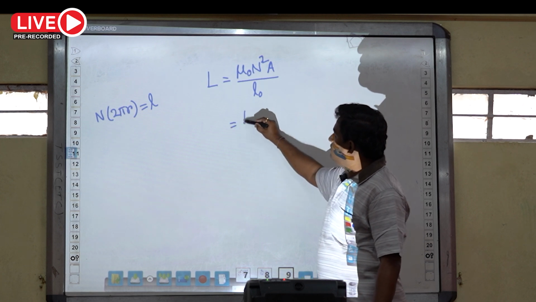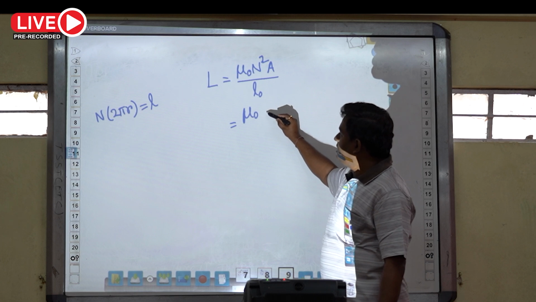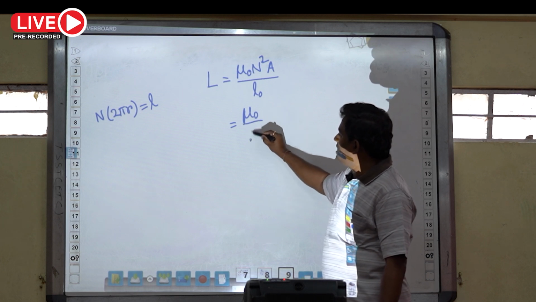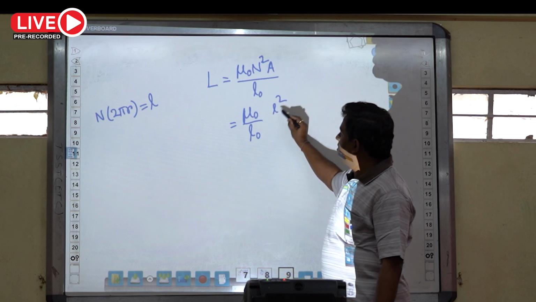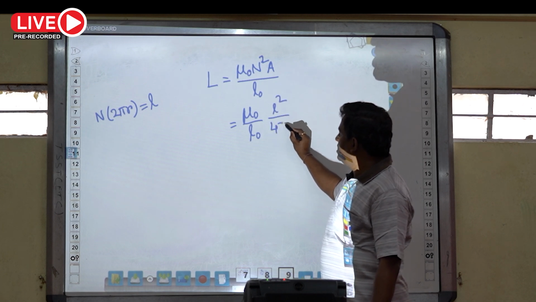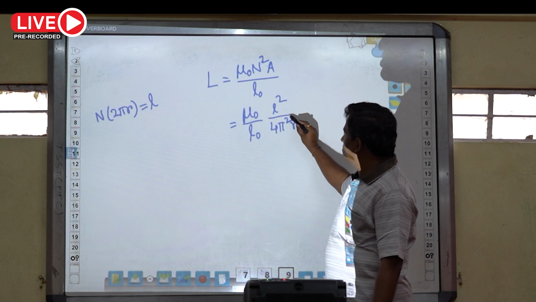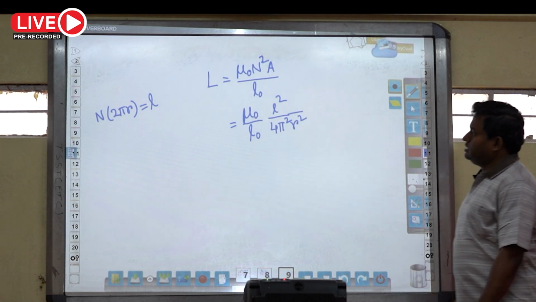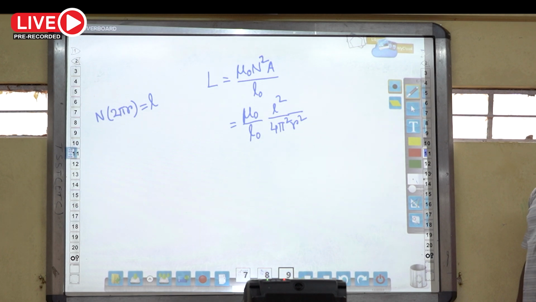So it will be mu naught N square. N means L by 2 pi R, so N square means L square divided by 4 pi square R square, divided by L naught.